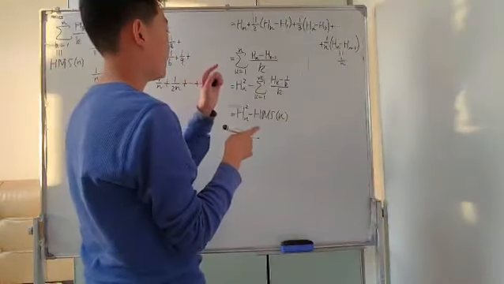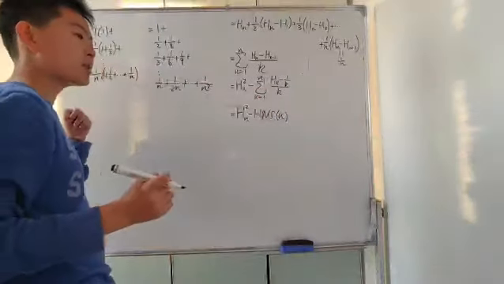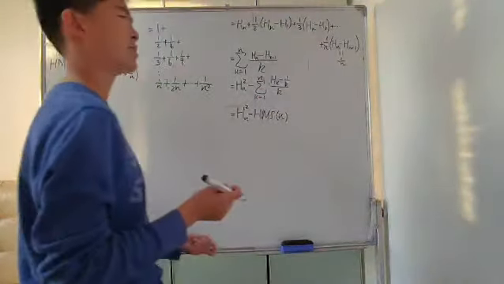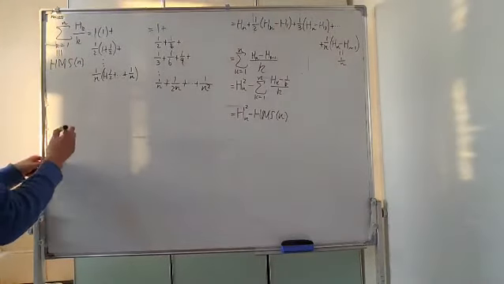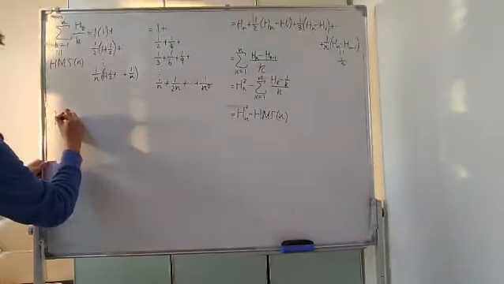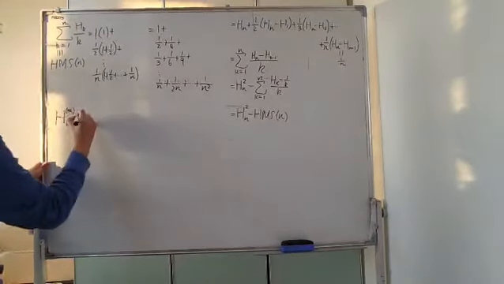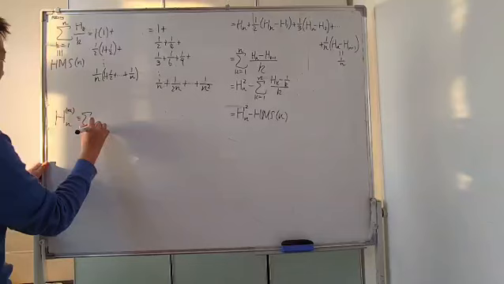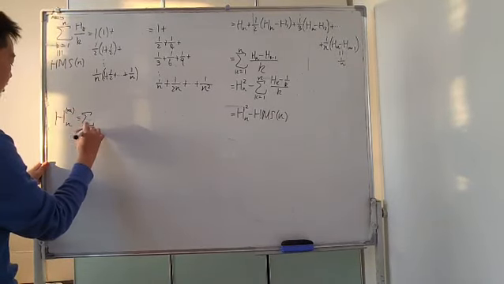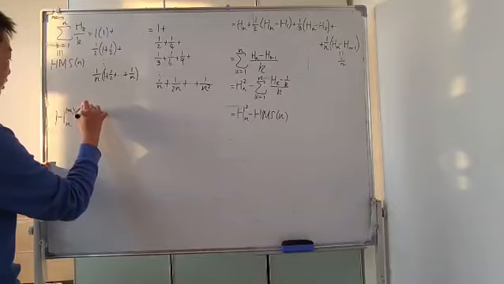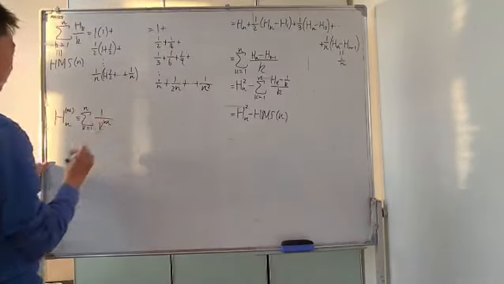And now, if that's going to be a plus, it's going to be plus the sum of 1 over k squared. Now, this is something that is called a generalized harmonic number. And it's going to be defined slightly differently. So, we're going to define hn of the mth degree as the sum, with k equals 1 to n, of 1 over k to the mth power.